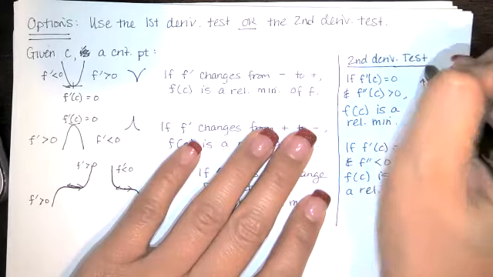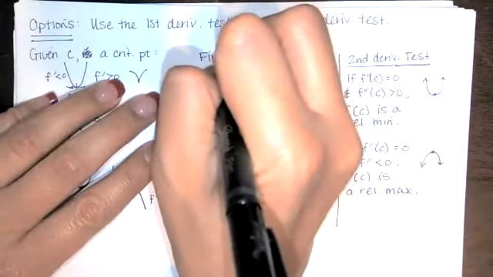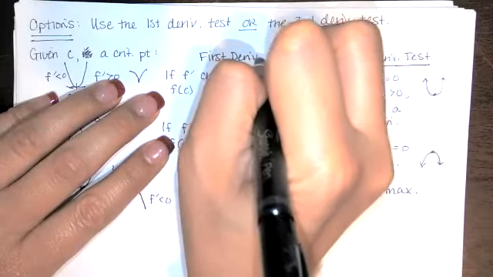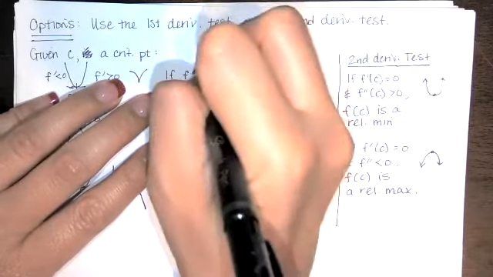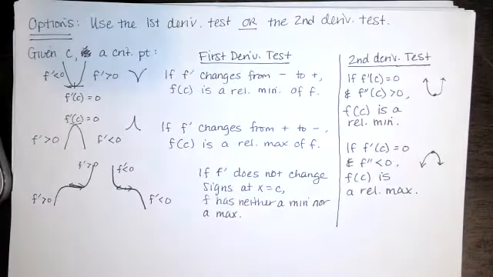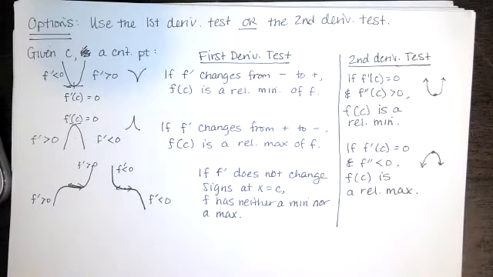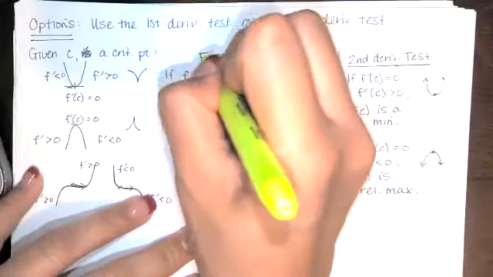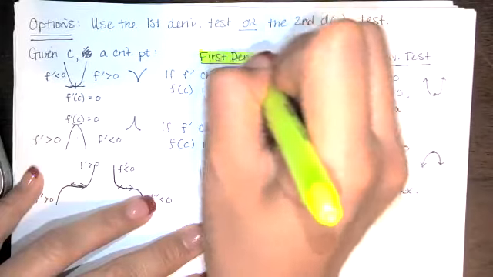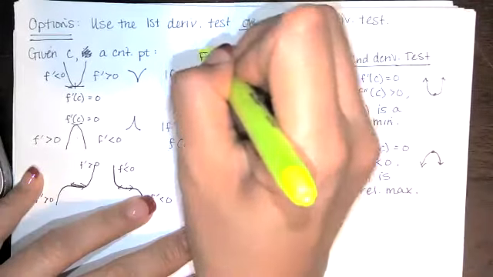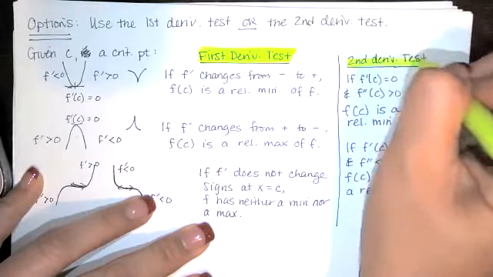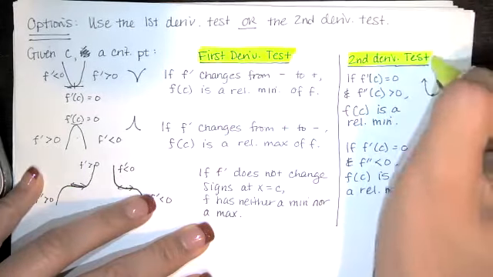So you just sort of decide from here whether you want to use the first derivative test or the second derivative test. Either one is fine. Either one will allow us to determine whether our function has a minimum or a maximum. You just choose.